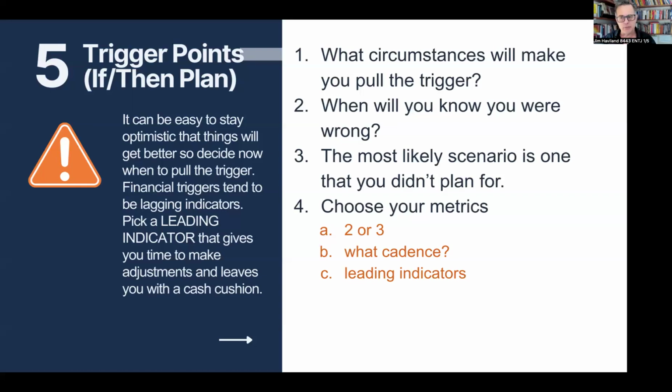But choose some metrics, two or three, and then figure out the right cadence for looking at those metrics. Don't let yourself look at them every day, because more than likely you're not going to know every day. But as a team, a team of deciders, let's look at them on a regular basis and hold each other accountable. Someone be the 10th man and say, no, I mean, we should execute this. And make sure you're looking at leading indicators.